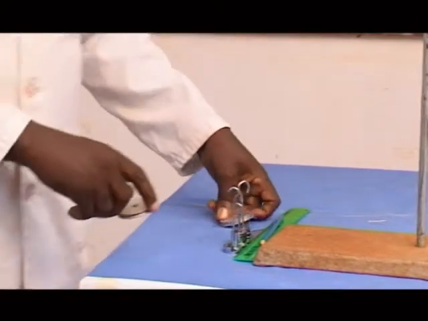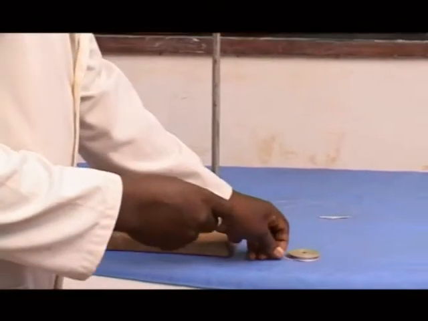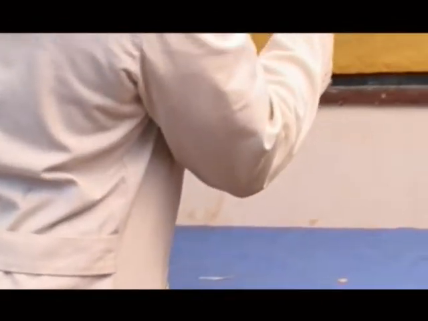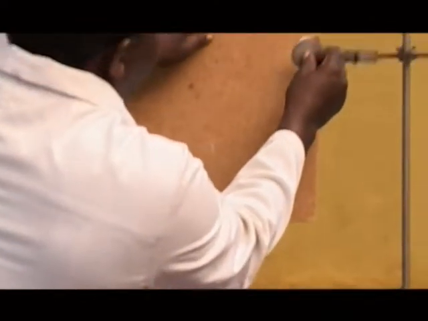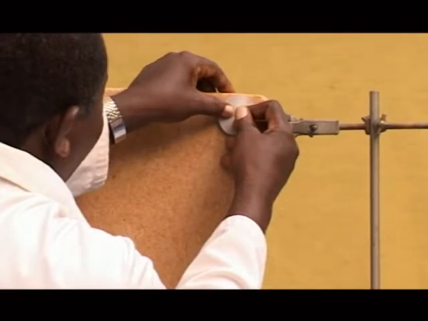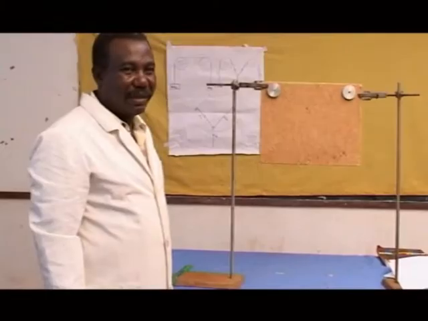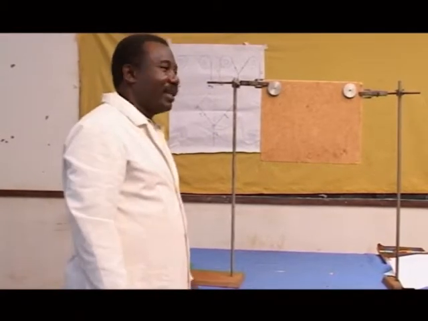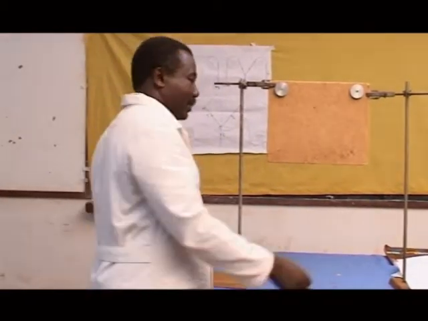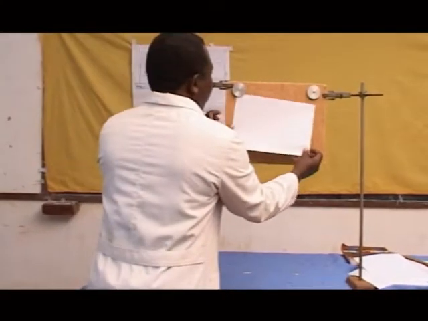Attach the 2 pulleys on each of the 2 sides of that board. Then attach a sheet of paper on that drawing board.